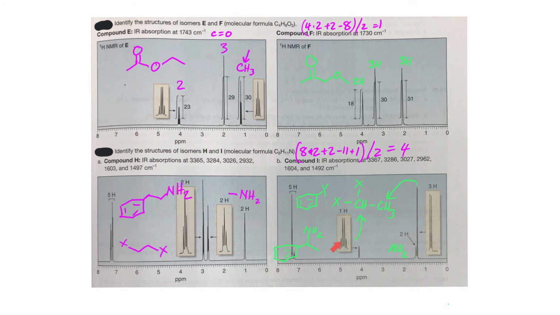That's this signal here. This hydrogen is this hydrogen. Then I have my methyl group that is split into a doublet. That's that signal, and that's that group that I drew initially. And then I have my NH2 again, that is a slightly broader singlet. Again, we're not getting a lot of splitting with this NH2, probably because it's hydrogen bonding with other NH2 groups in this sample that's in the NMR spectrometer. And then I have my mono-substituted benzene ring right here, and I think this is the best structure for compound I.